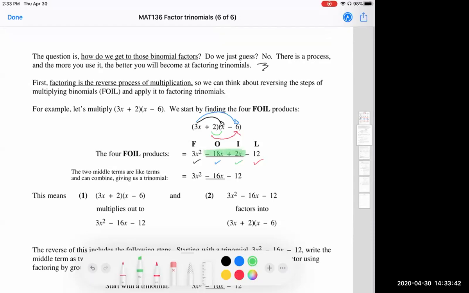So negative 18x plus 2x, we get negative 16x. So this means, 1, that 3x plus 2 times x minus 6 multiplies to be 3x squared minus 16x minus 12. And 2, 3x squared minus 16x minus 12 factors into 3x plus 2 times x minus 6.